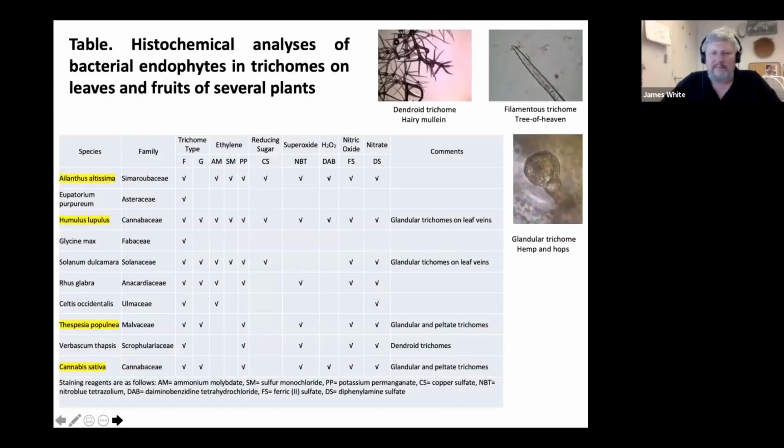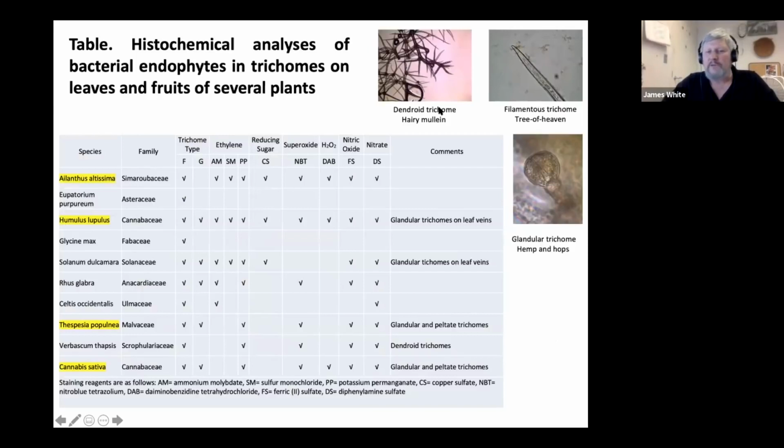We've looked at 8 or 9 species of plants that have trichomes in several families, including Asteraceae, including Cannabaceae, the cannabis, right? Beans, Solanaceae, Malvaceae, Scrofulariaceae, a lot of plants.